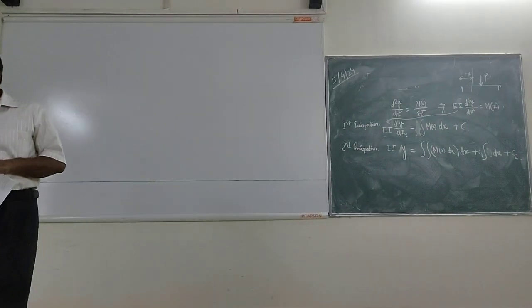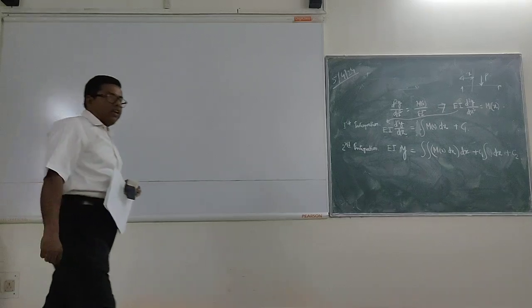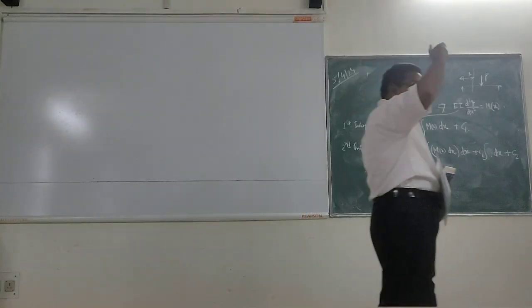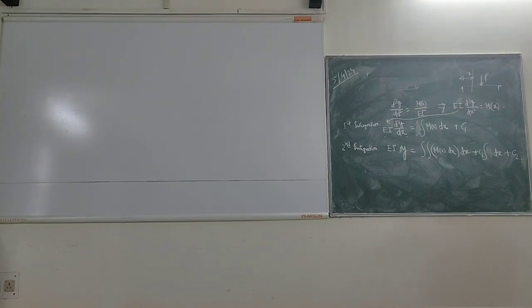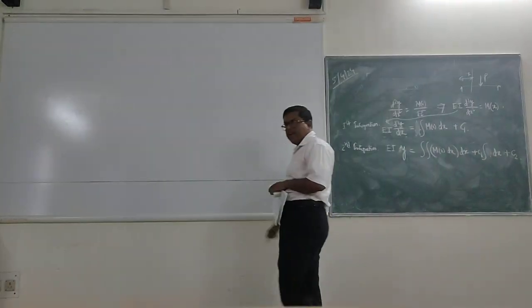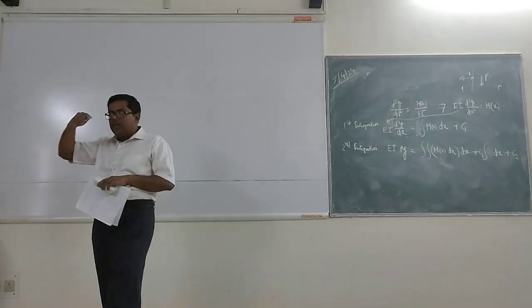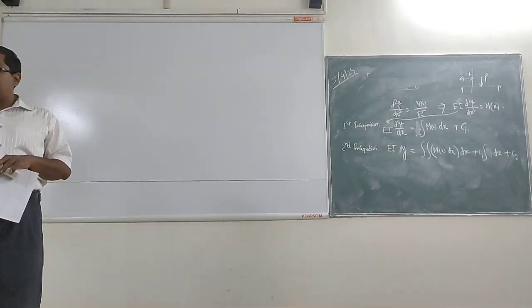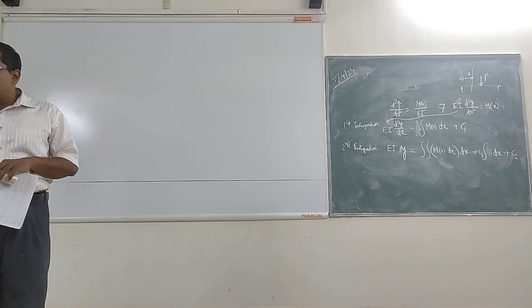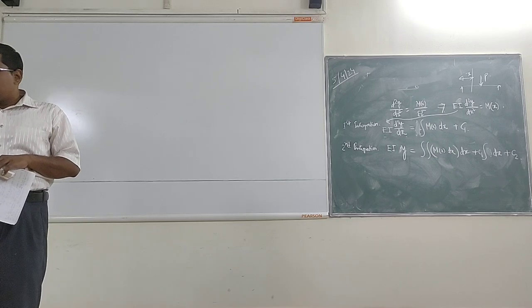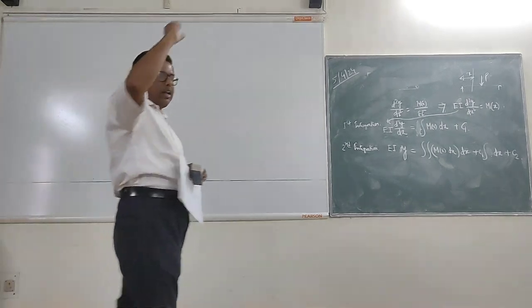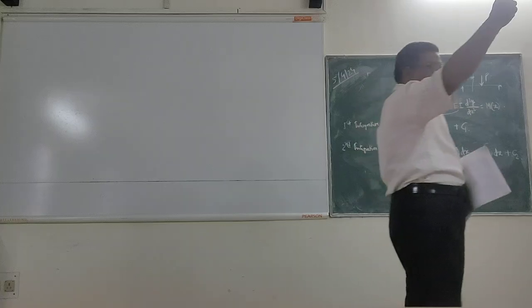Is it clear? So now you see, from the moment equation or the bending stress equation, whatever you say, M by I equal to sigma by y is equal to E by rho, where the curvature of the beam has been defined, and the curvature of the beam can be expressed in terms of the derivative of y with respect to x.